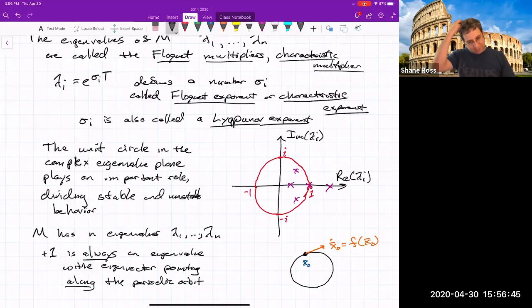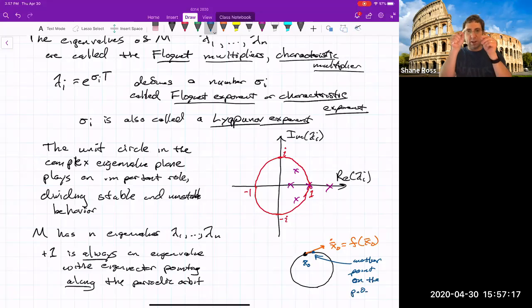And why is the eigenvalue 1? If you perturb in the direction of the periodic orbit, that perturbation will not grow or shrink because it's still along the periodic orbit. Remember, we're looking at infinitesimally small perturbations. So an infinitesimally small perturbation along that direction is just another point on the periodic orbit.